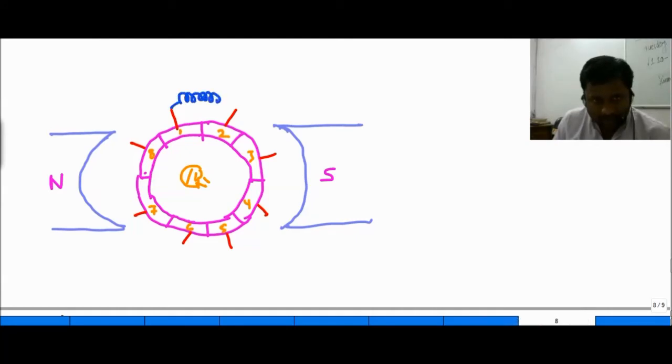This is the coil like this. This is the coil like this. This is the coil like this. Coils like this. This is the coil like this.